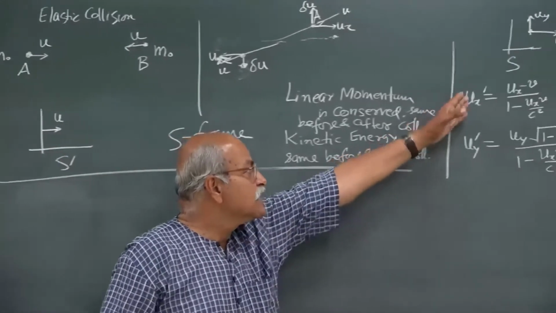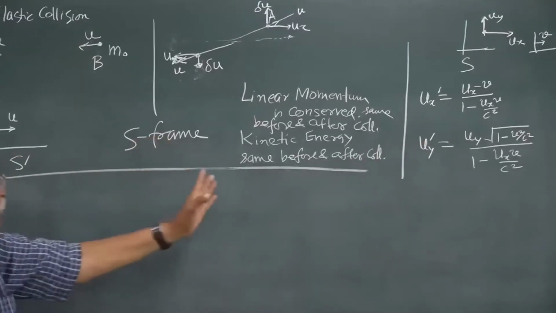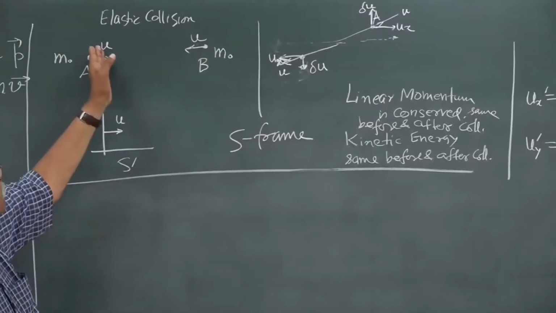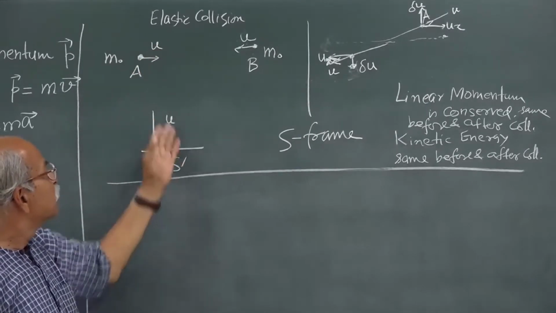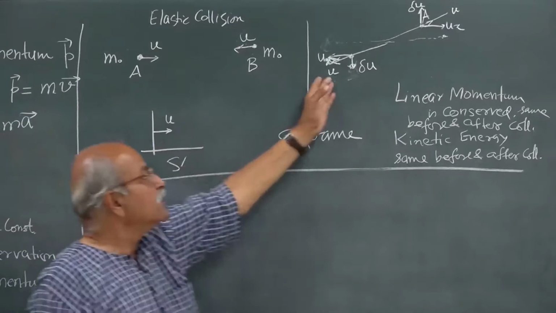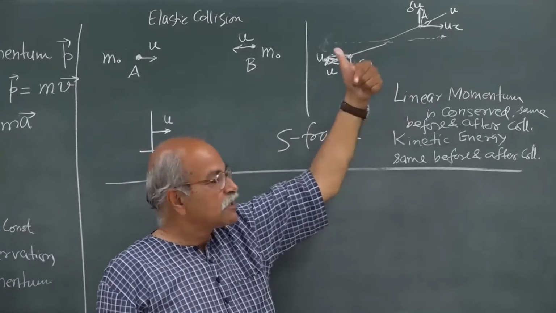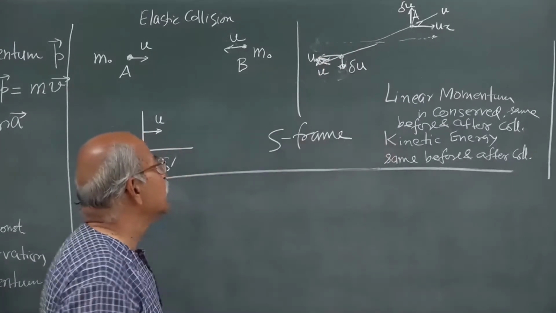So, using these equations, I can write what will be the velocities, speeds, the components in S prime before the collision and after the collision. But before going to that, let me do something else.